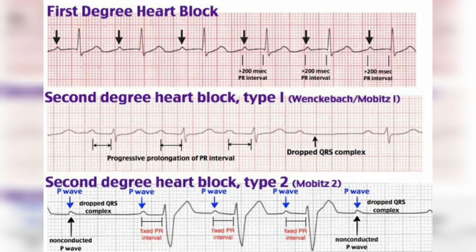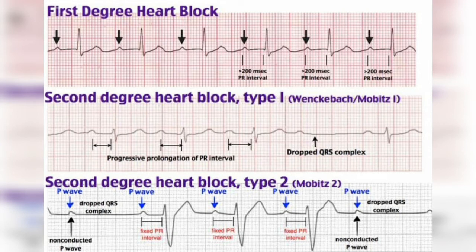Mobitz Type 2 is often a problem in the infranodal conduction system, that is the His-Purkinje system, and therefore is associated with a widened QRS complex, a bundle branch block, or a fascicular block.